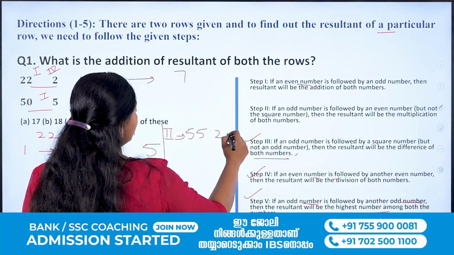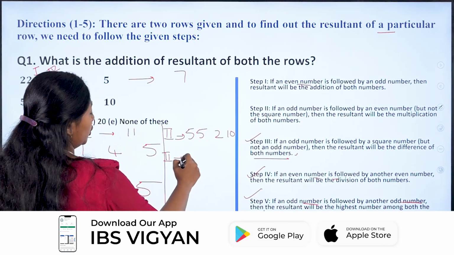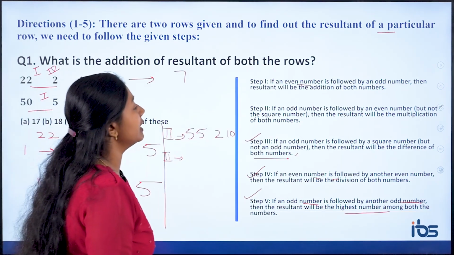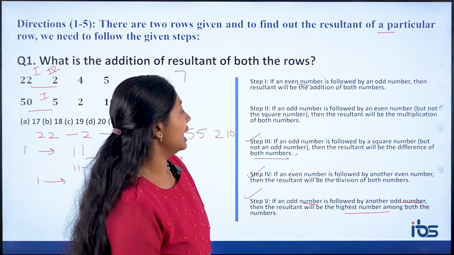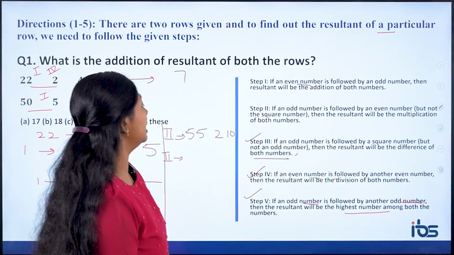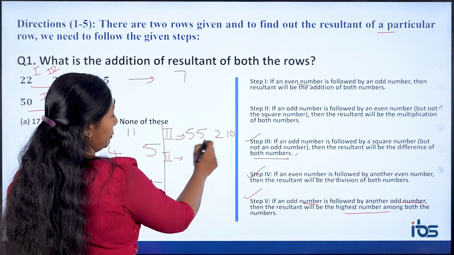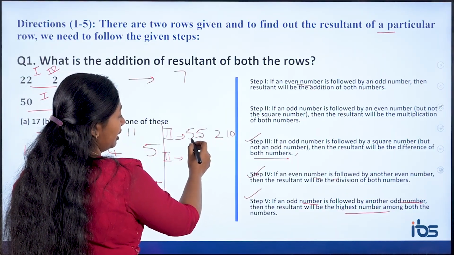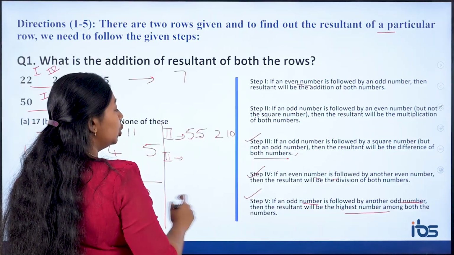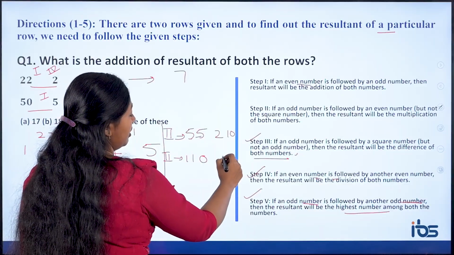Then 2, then 10. Next, for row 2, 55 is an odd number followed by an even number but not a square, so the resultant will be the multiplication of both the numbers. If you multiply 55 into 2, you are going to get 110. Then 110, 10.